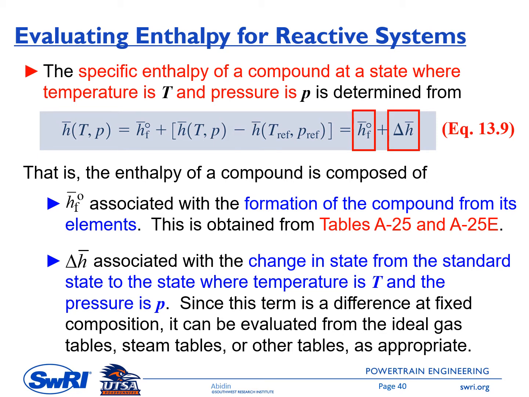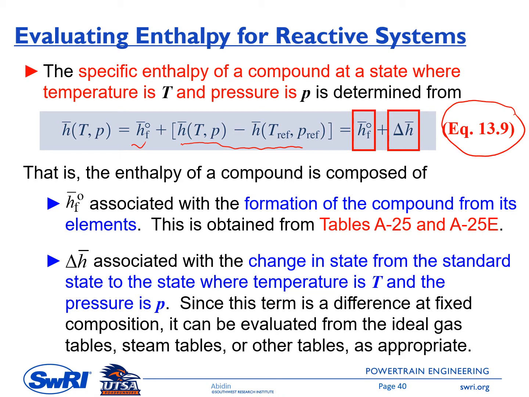So H at T and P equals the enthalpy of formation plus the difference between the enthalpy at the corresponding state, so at T and P, and the enthalpy at the reference state, so it is H at T ref and P ref.